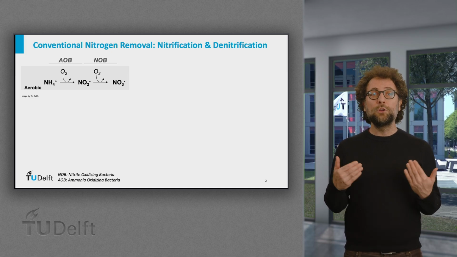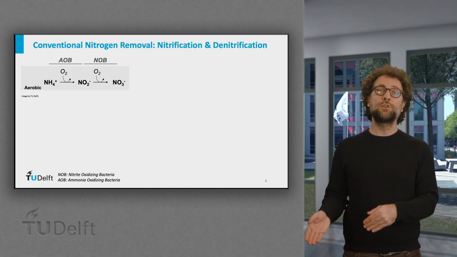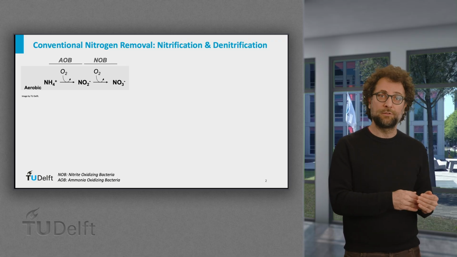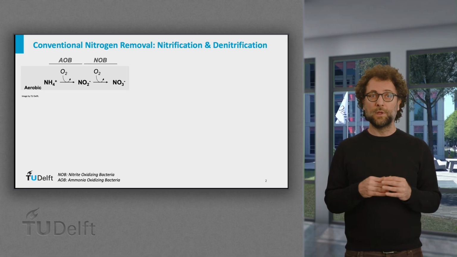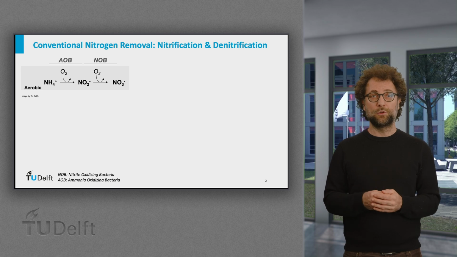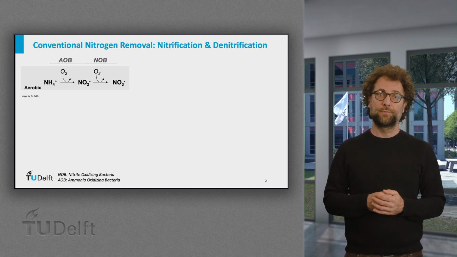Conventionally, ammonium is first oxidized to nitrite and subsequently to nitrate by ammonia and nitrite oxidizing bacteria, AOB and NOB respectively. This requires exogenous oxygen as electron acceptor, which represents a substantial operational cost.